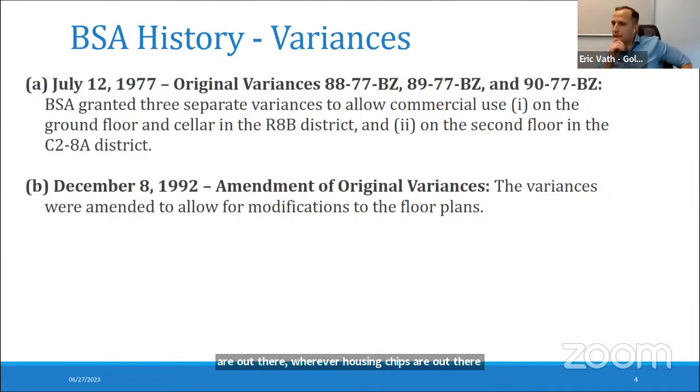Yeah, I haven't done an analysis of that site, but I assume there might be some bonuses available. We can get back to you at the next meeting, but again, we're speculating. I don't know if they intend to seek any bonuses. Thank you.